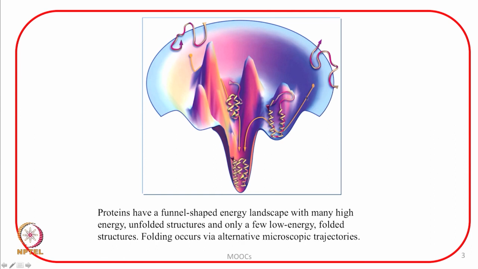After the protein is synthesized from ribosomes, this primary sequence of amino acids has to adopt secondary structure and finally get the minimum energy three-dimensional conformation, which is the native state of the protein, and it goes through several intermediate states.